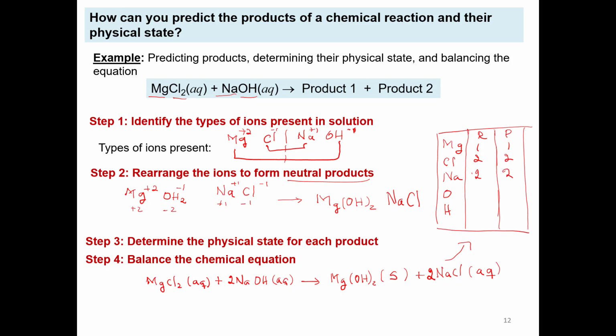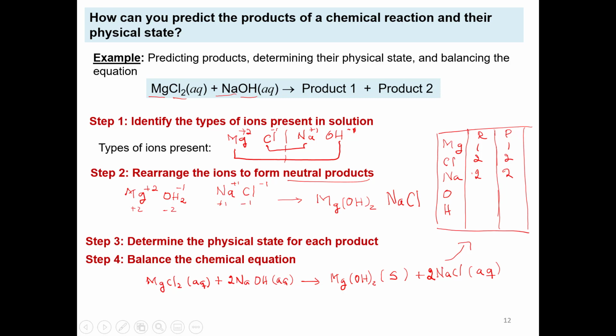Oxygens, let's see. Remember this 2 is multiplying the whole molecule. As this 2 is multiplying sodium and the hydroxide group, then 2 times 1 is 2 oxygens. And here again, this 2 multiplies everything inside, we had 1 oxygen, and here we had 2, then we had 2 oxygens. Yes, we had 2 oxygens on this side because this 2 is multiplying everything, and here we had 2 oxygens.